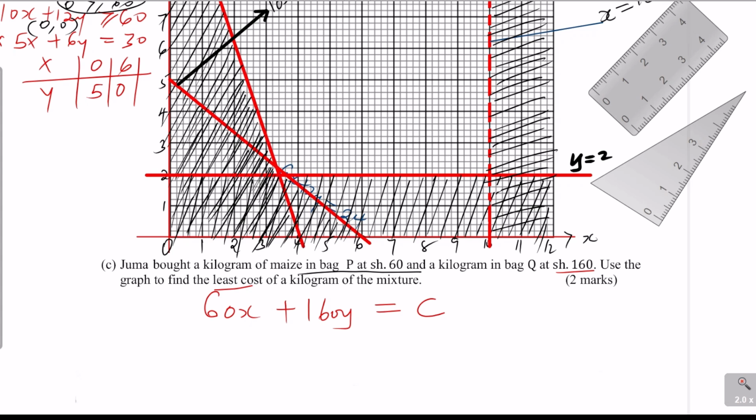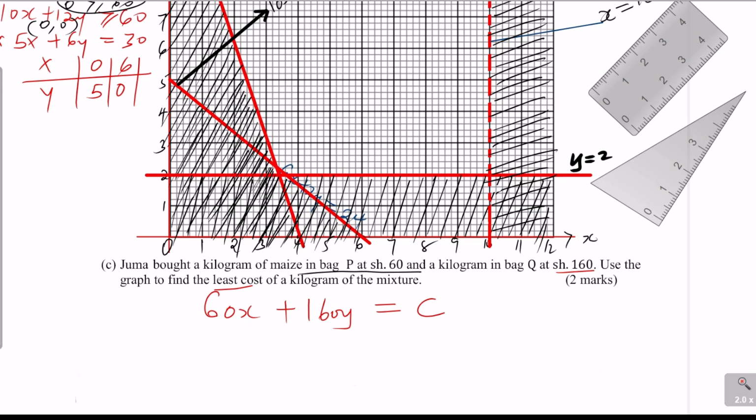We need to find the number of kilograms in bag P and in bag Q that will give us the least cost. Once you get the number of kgs of bag P and bag Q that give us the minimum cost, we can substitute those values of x and y in this objective function and get the cost. For this, I'll use a search line.